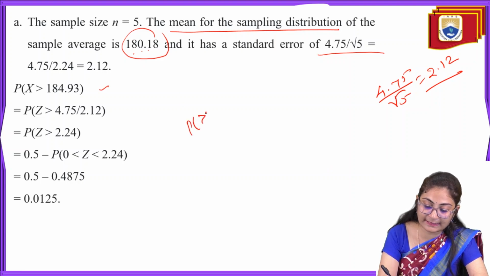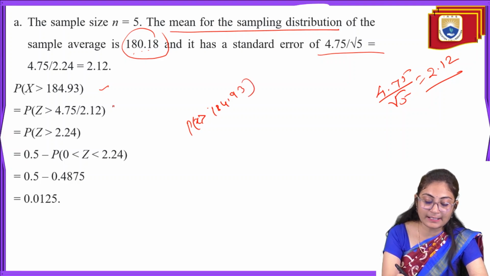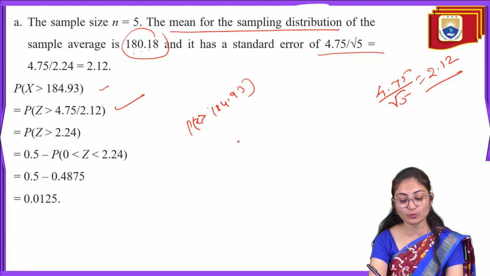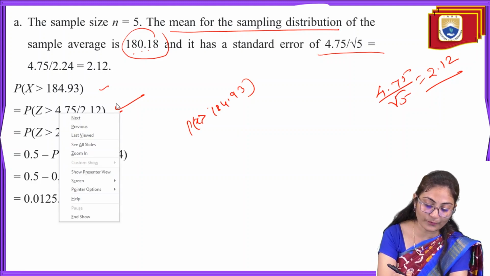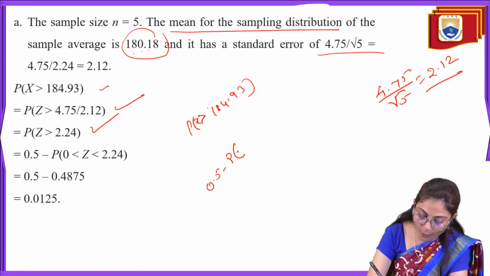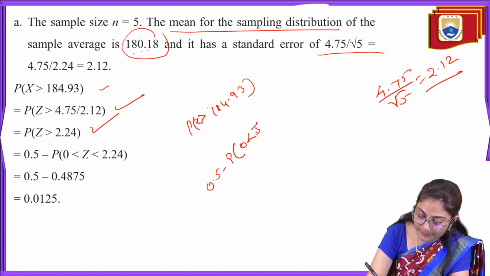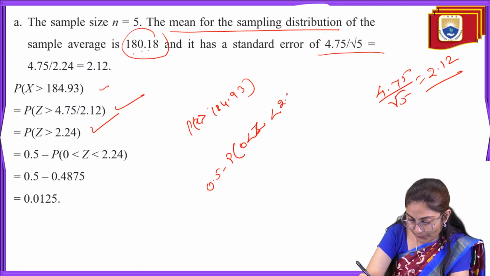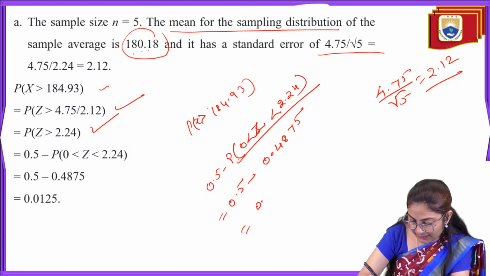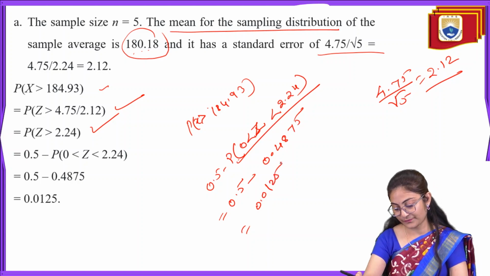P of x greater than 184.93, then P of z greater than 4.75 divided by 2.12, that is P of z greater than 2.24, then 0.5 minus P of 0 less than z less than 2.24, which is 0.5 minus 0.4875, and you will get the answer 0.0125.